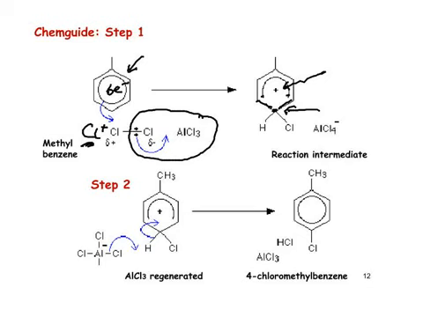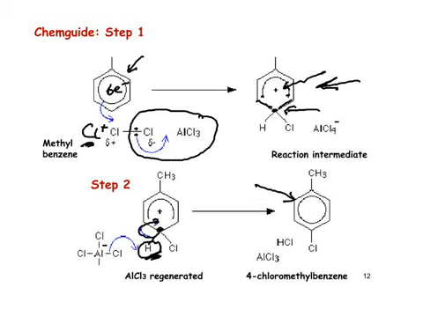Now at this stage, this is an unstable intermediate here, and what will happen now is, as you can see down here, the 2 electrons of this bond both go back into the ring again. Now one of those already belonged to this carbon, but what's happening is it's getting both of them now, which explains why we lose this positive charge here in the product. And the H comes off here.